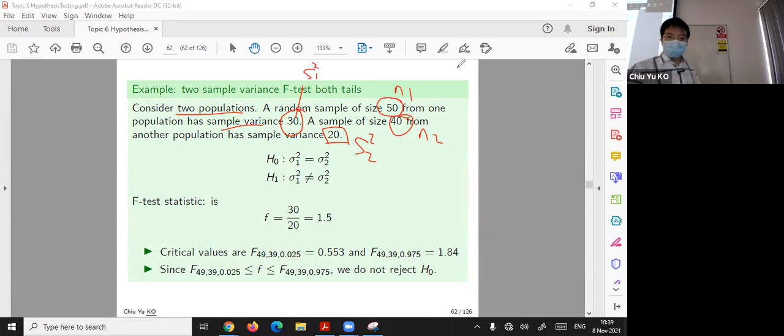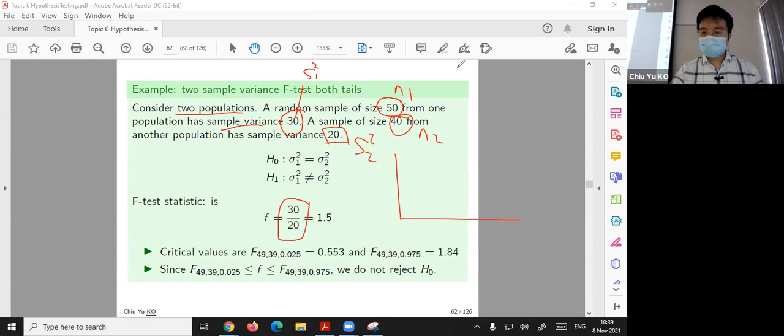And the test is really, really simple. You just take the ratio of the two. Basically it looks like this. This is what the F looks like. F will be 49, 39, that is, N1 minus 1, N2 minus 1.